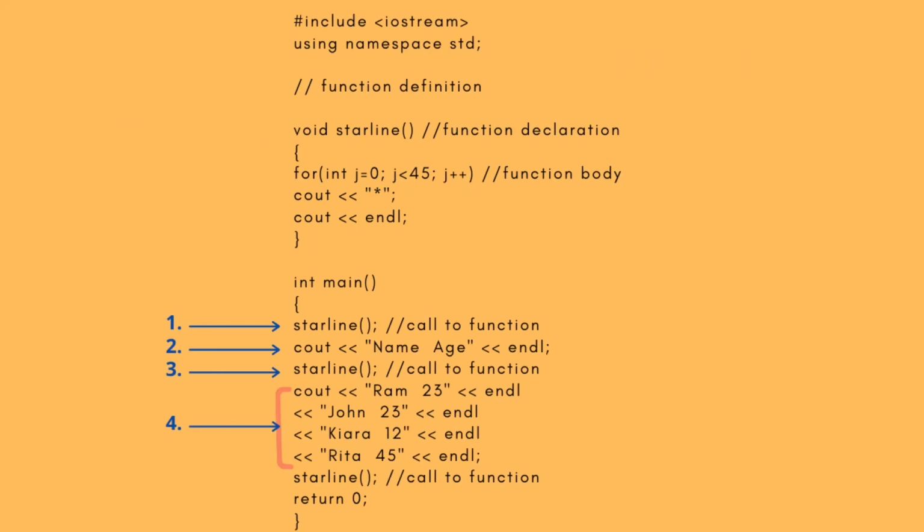Then it is the name of the person and age ending with endl, because we want each name on a new line. And after printing four names with their age, again we are calling the function starline to give us the complete desired output as shown previously. And of course, the last line would be return 0 to end our main function.